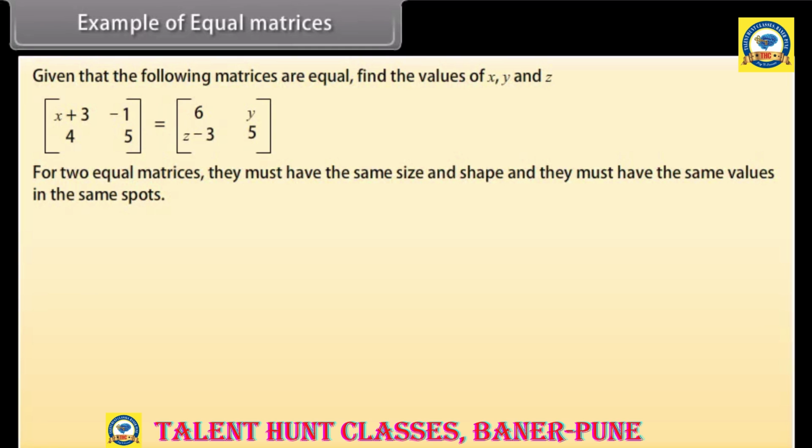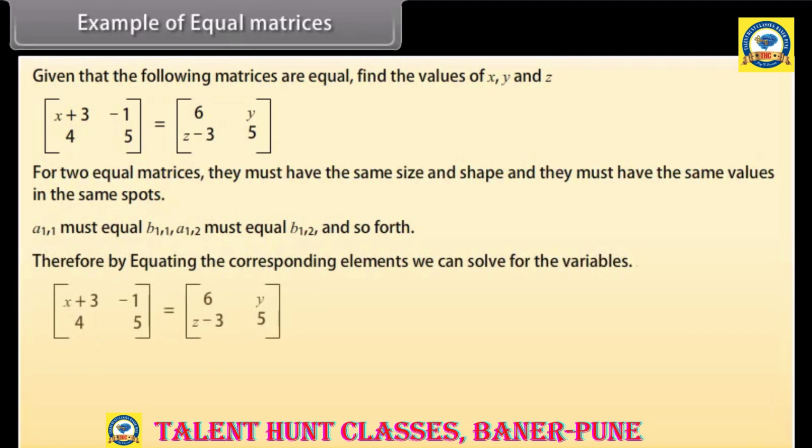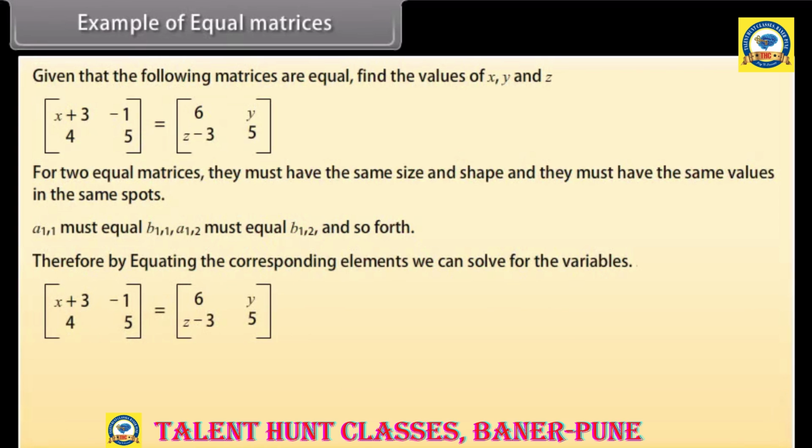Or we can say a11 must be equal to b11, a12 must be equal to b12 and so forth. Therefore, by equating the corresponding elements, we can solve for the variables. x plus 3 is equal to 6, x is equal to 3. y is equal to minus 1. z minus 3 is equal to 4, z is equal to 7.